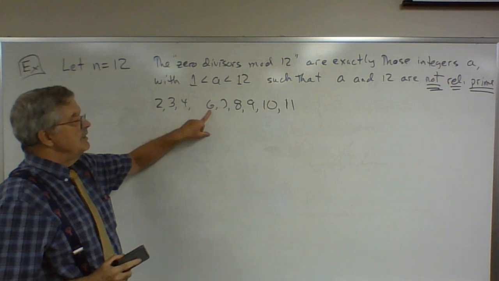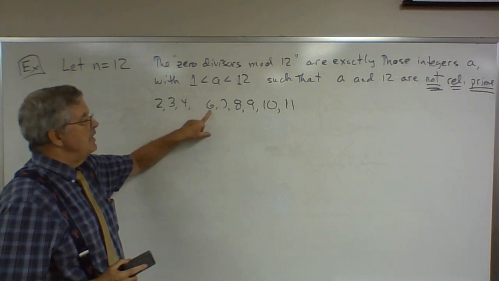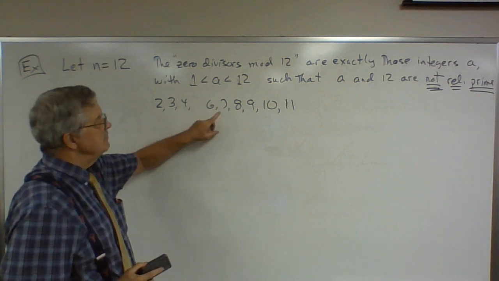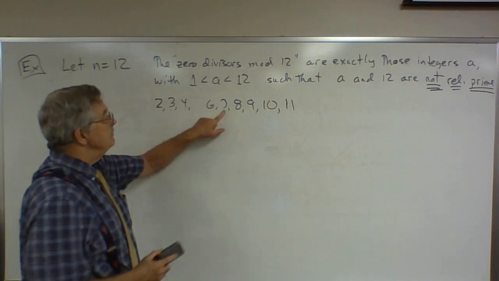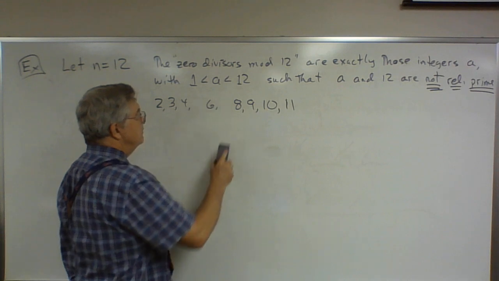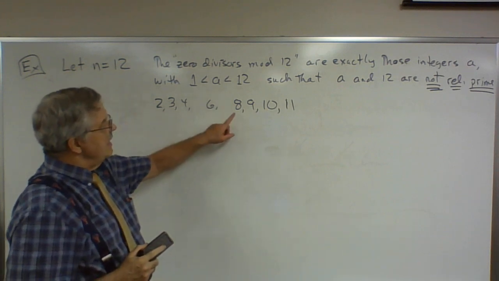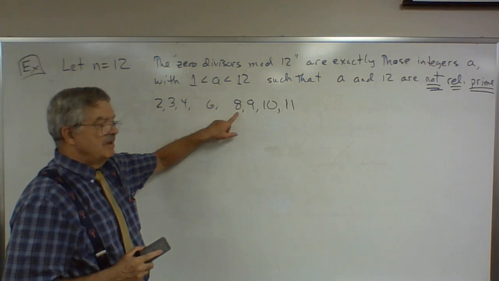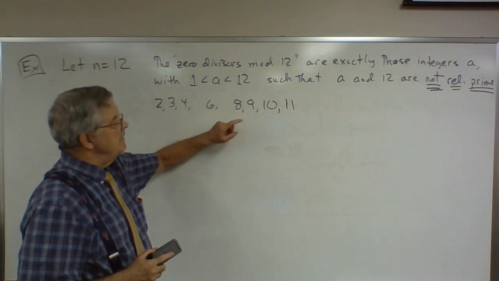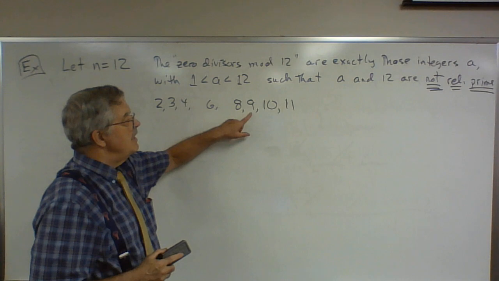6 is not relatively prime with respect to 12, so it is a zero divisor. 7 and 12 are relatively prime, so 7 is not a zero divisor. 8 and 12 relatively prime? Nope. So 8 is a zero divisor. 9 and 12? Nope.